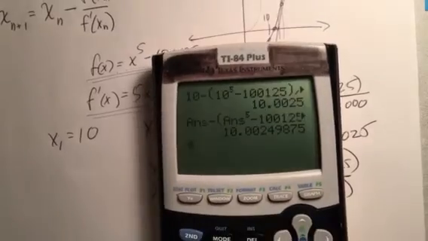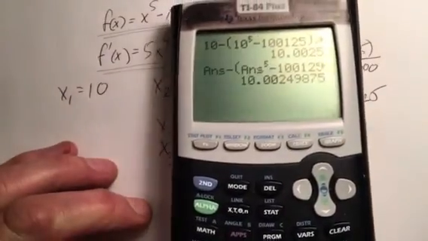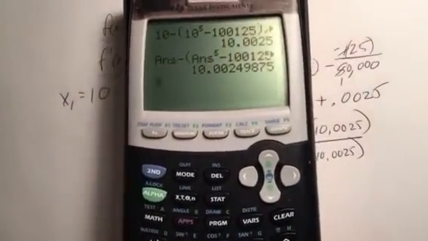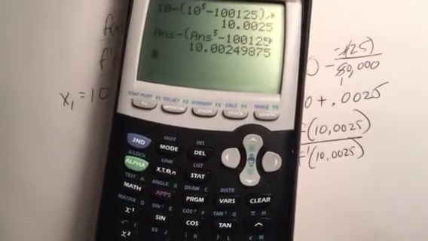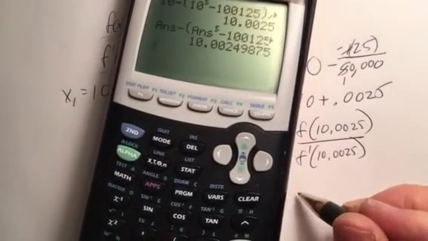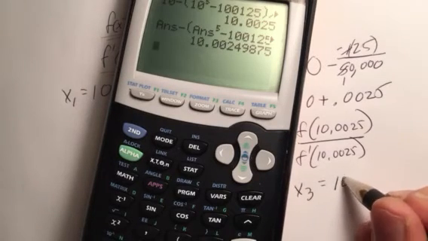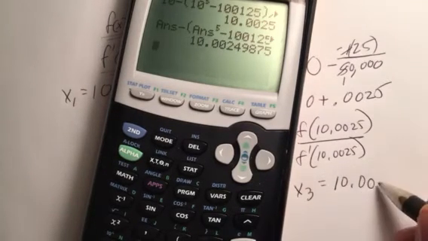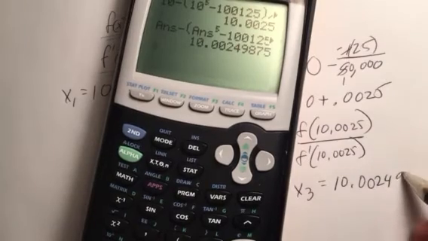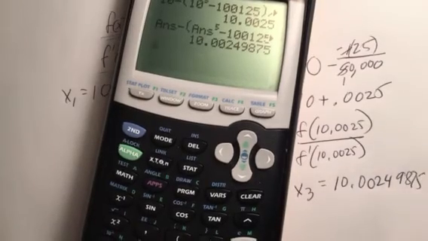I'm only going to do this this time, because if you check the actual answer, that is insanely close. And I then got x sub 3 equals 0.0249875. Okay?